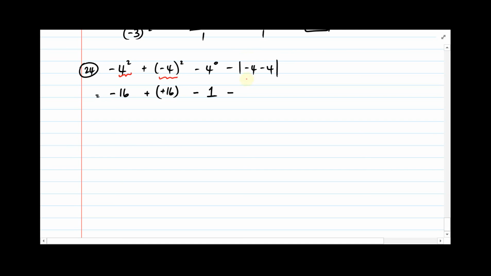And now working inside the grouping symbol, this time it's an absolute value or modulus symbol. Minus 4 is minus 8. Going through, I have negative 16, get rid of some of these double signs. The modulus of minus 8 is simply 8. Putting everything together, negative 16 plus 16 is 0, so I end up with minus 1 minus 8, right? Those go away, and hence negative 9.